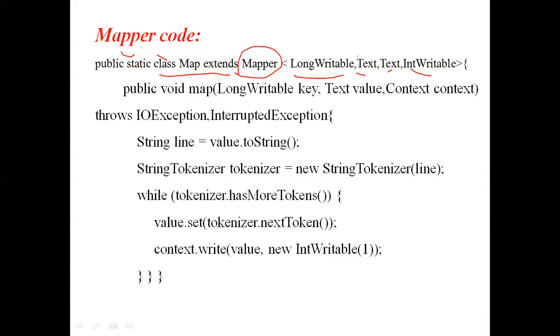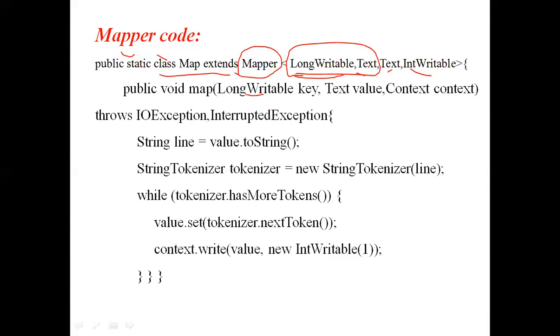Every phase in the map reduce will take the input in the form of key comma value pair and give output in the form of key comma value pair. So the data types here are long writable comma text. So the input key comma value pairs are in the form of long writable comma text.